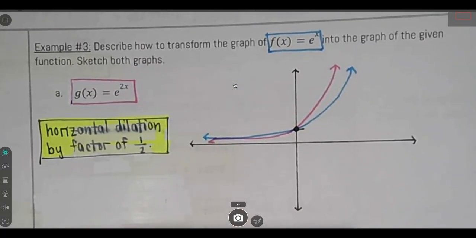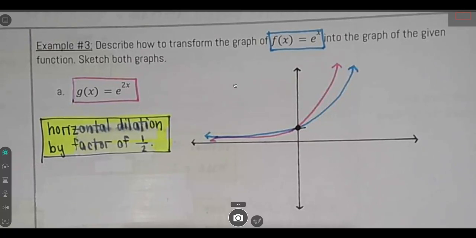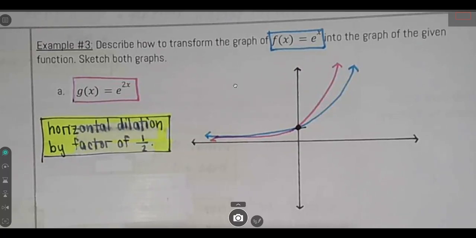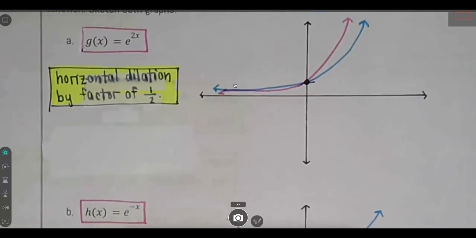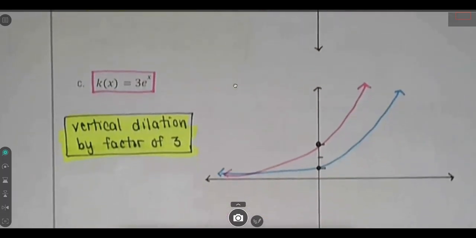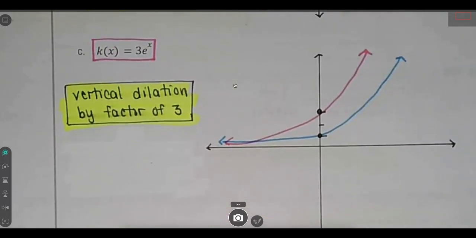Here's A. Back to C. More time. I'm going to go back to C. Is that okay? Okay. All right, here's C. And again, I also encourage you to graph these on your calculator so that you can see it.